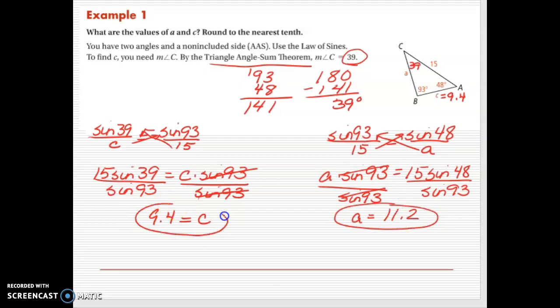Now I don't know if you guys remember this or not, but the side opposite these angle measures, the smallest side will be opposite the smallest angle. So 39 and 9.4, the middle angle and the middle side will match, 48 and 11.2, and the largest angle is opposite the largest side, so 93 and 15.